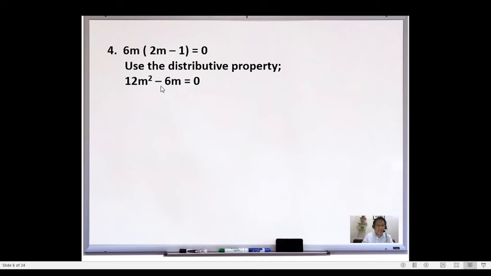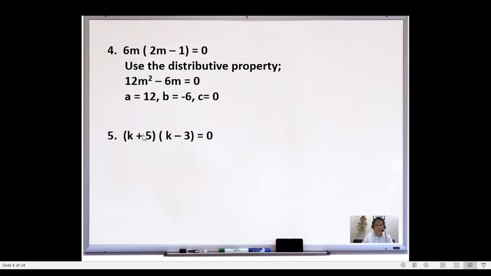This will give us negative 6m, and that is equal to 0. Again, this is already the standard form. So we can now have the values for a, b, and c. Our value for a is equal to 12, b is equal to negative 6, and the value for c is equal to 0.